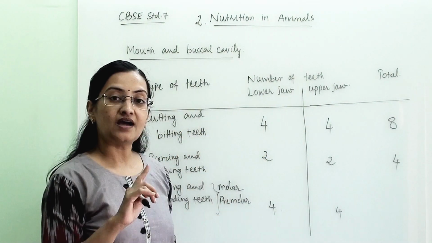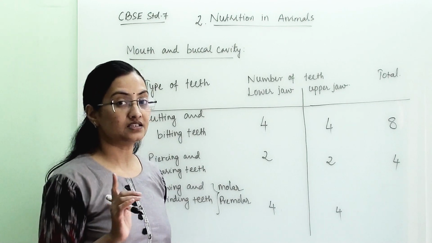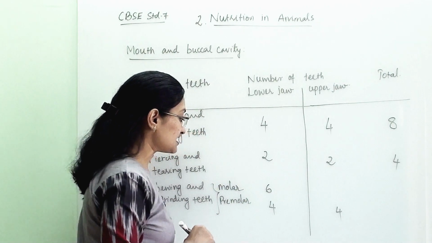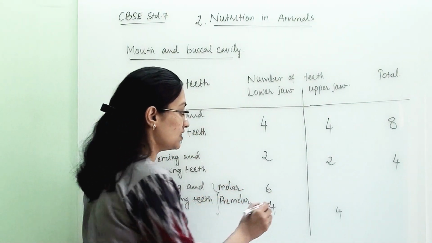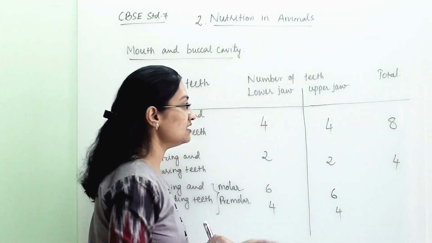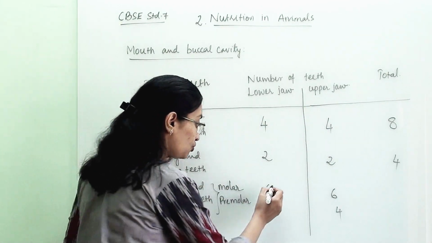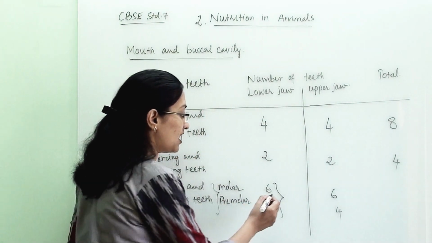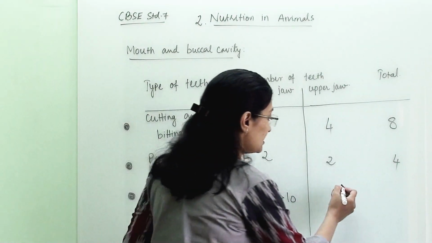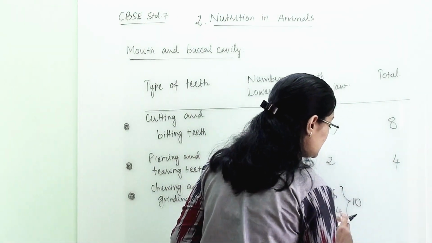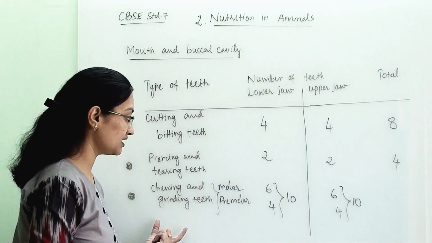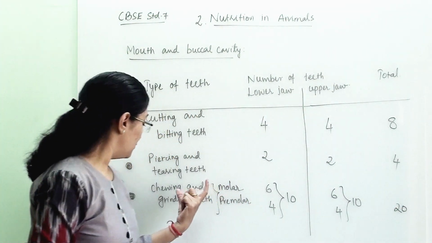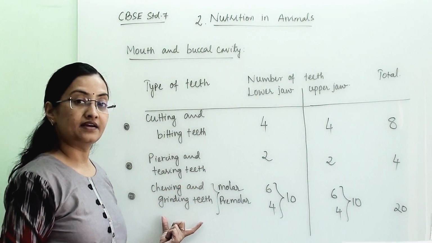Now molars. On either side 3 molar teeth, so 3 plus 3, there will be 6 molar teeth in one jaw and 6 molar teeth in the upper jaw. So the total teeth which can chew and grind the food in the lower jaw are 10. Similarly, in the upper jaw there will be 10 teeth which can chew and grind the food. So 10 plus 10, 20 teeth will be chewing and grinding teeth.